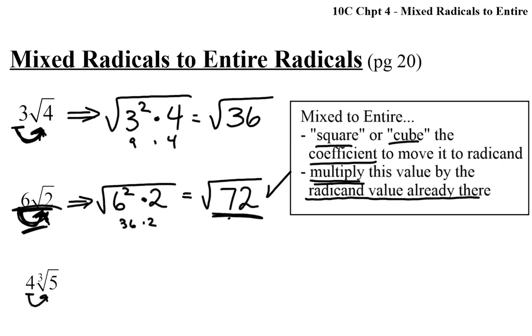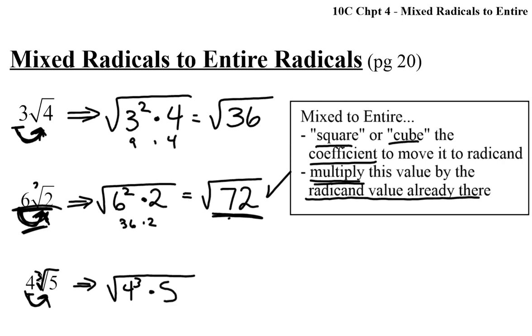Now, the only thing with this third one you have to be careful of is that now we have a cube root. Our process is the same, but what am I going to have to do to put the 4 back under? In that case, I'm going to need to cube the 4 before I put it under, and then I have to multiply by the radicand 5 that's already there.